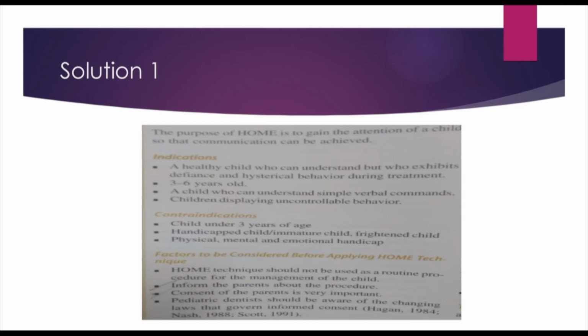Once more, I'll just repeat the technique. Hand is placed over the child's mouth and the behavior expectations are explained calmly to the child. Child is told that the hand will be removed as soon as appropriate behavior begins. When the child responds, the hand is removed and the child's behavior is reinforced.